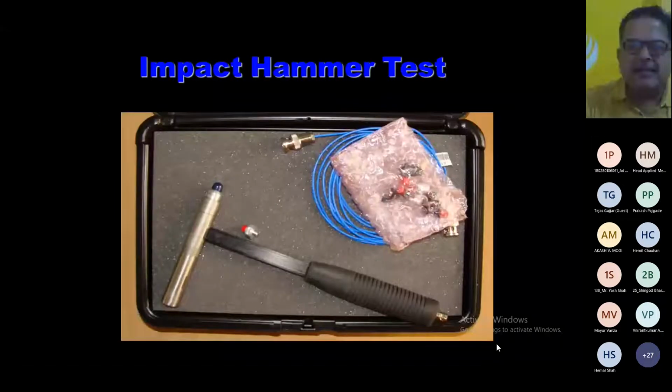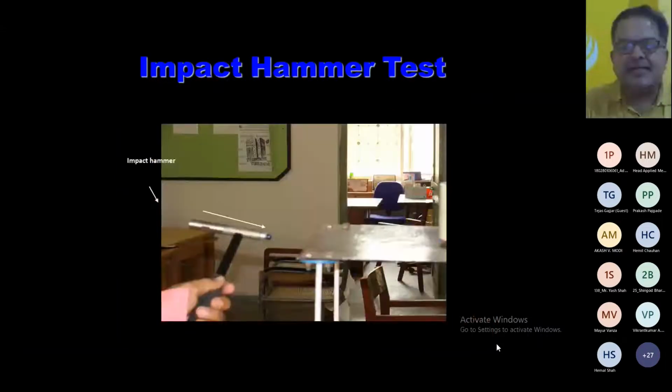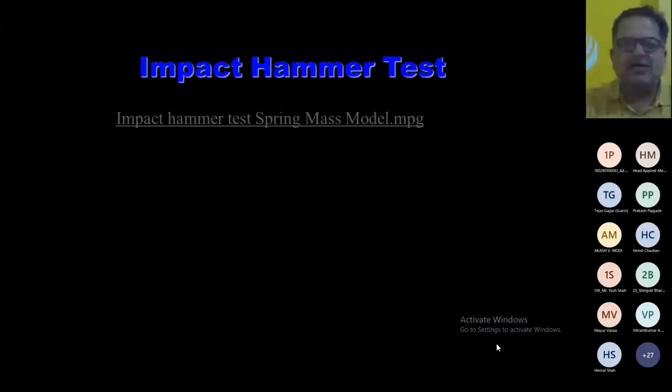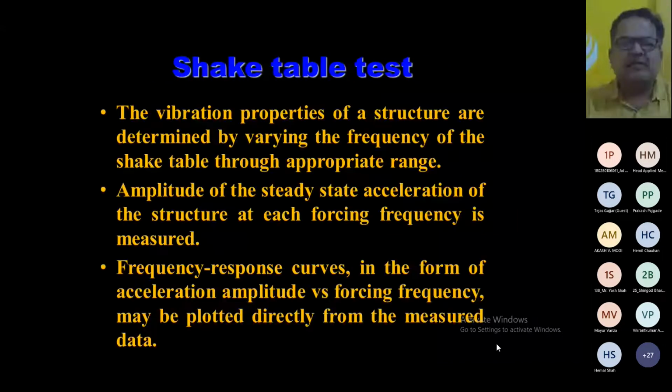Then we discussed the impact hammer test. The impact hammer test means, again, we are disturbing the system by giving an impact, meaning we apply an initial velocity, and we test the model. By doing this, the structure will vibrate in its natural mode, and we can find out the frequency. So this is the impact hammer test.